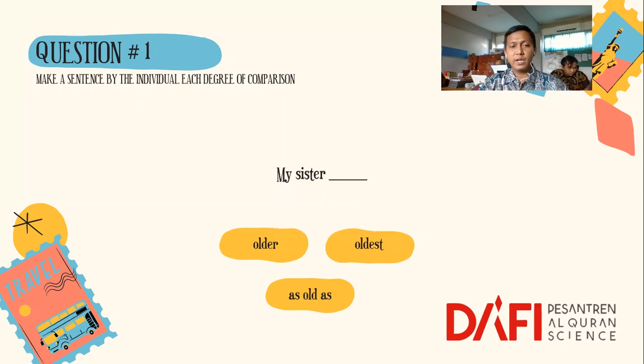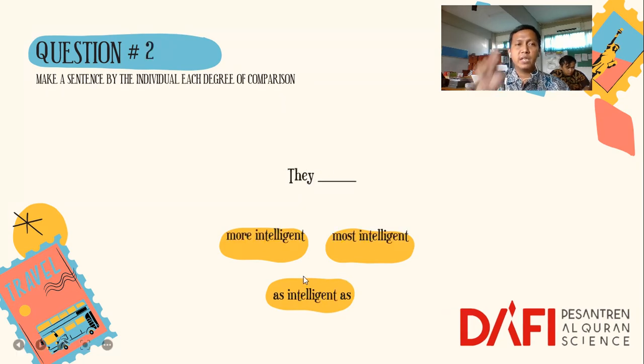But question number 2 is very specific again. For question number 2, always use more and most. So the newest for our mind is how to understand the degree of comparison: est, and then more and most.